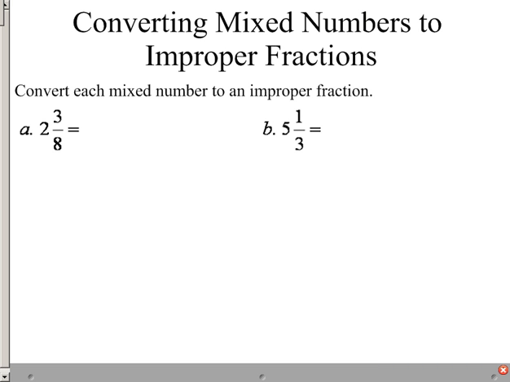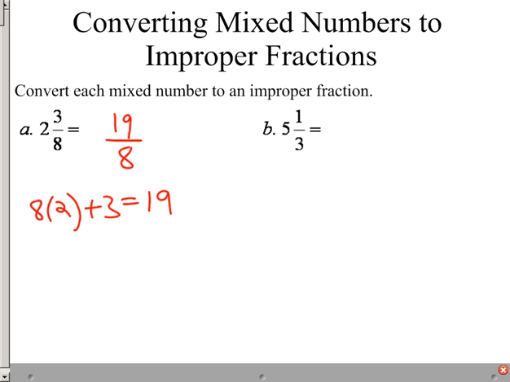All right, let's take this first one here, 2 3/8. If we want to write this as an improper fraction, we take 8 times 2, which is 16, and add 3. 16 plus 3 is 19/8. Again, we did that by taking 8 times 2 and adding the numerator to get the new numerator.